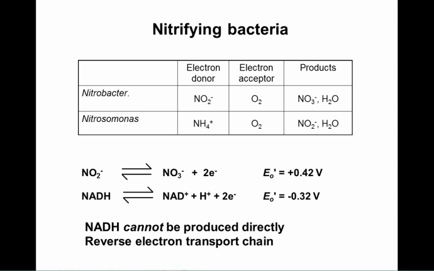So if you've got electrons, they start on nitrite, they're going to have to be transferred onto oxygen and give you nitrate. The only thing you can do here is use this electron transfer to get some kind of proton motive force.